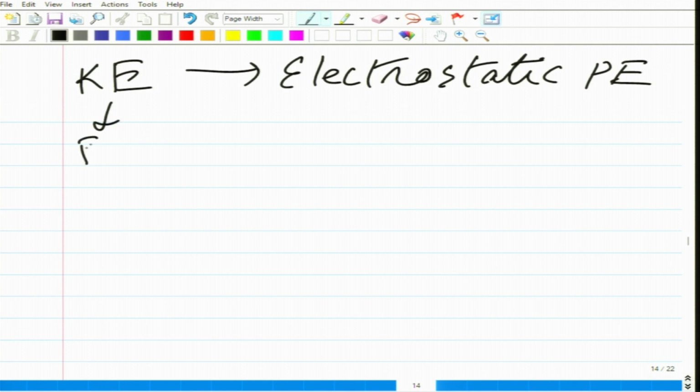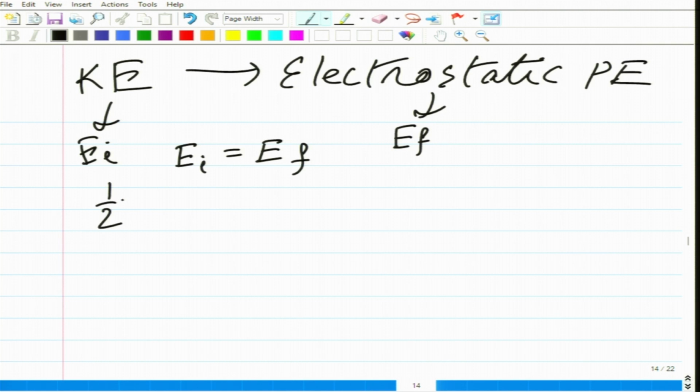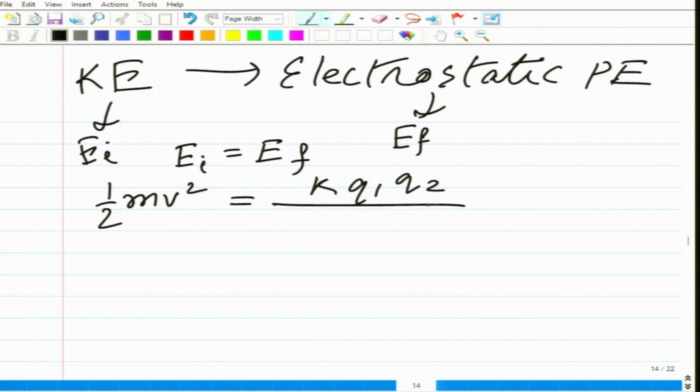This is the E initial and this is the E final. So E initial is equal to E final. E initial was half mv square and E final is k q1 q2 by d. We have to find this d.